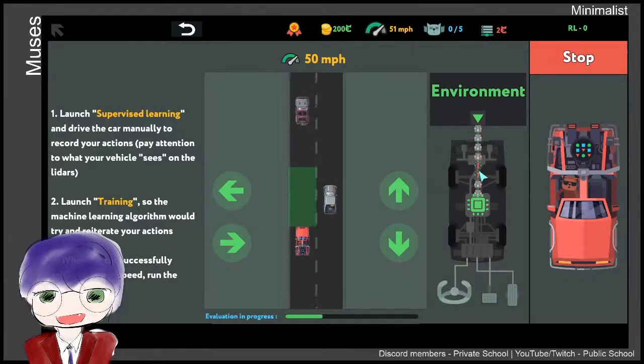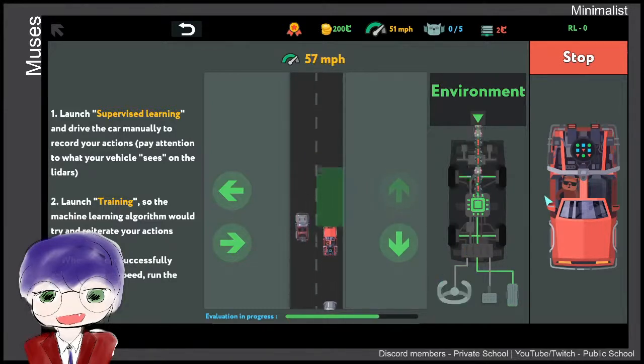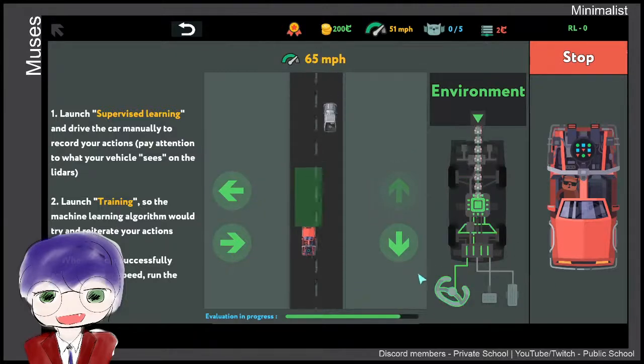So we have to tell the car what is an obstacle and what is not an obstacle. This is all road. Oh, I can't do that. What?